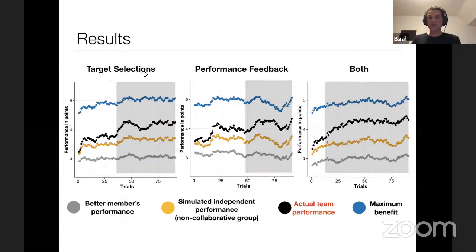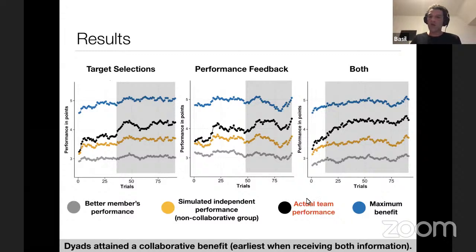In other words, these two types of information provide complementary information about your partner that helps you to make these labor divisions more quickly. So in conclusion, dyads attained a collaborative benefit, and they attained it earliest when receiving both types of information.